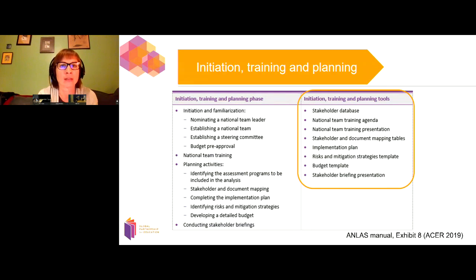You can see that these consist of various elements like a stakeholder database, the national team training agenda and the presentation to support the team training, then an exercise to identify the stakeholders and the documents that should be part of this analysis, a template for an implementation plan, a template to identify risks and mitigation strategies, a budget template most importantly, and also a PowerPoint presentation to support the stakeholder briefing.